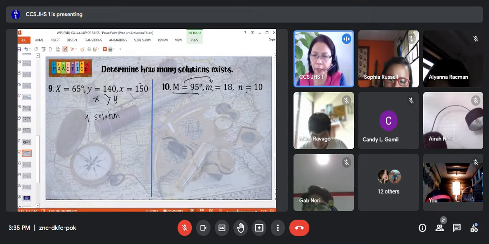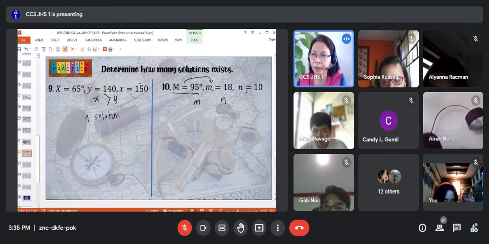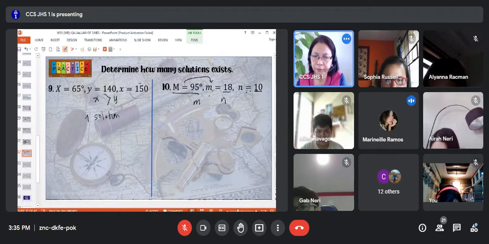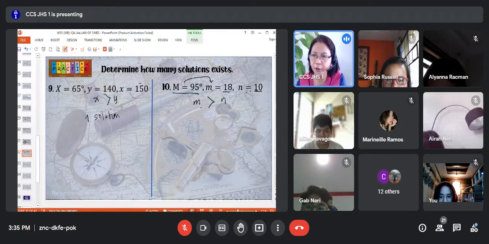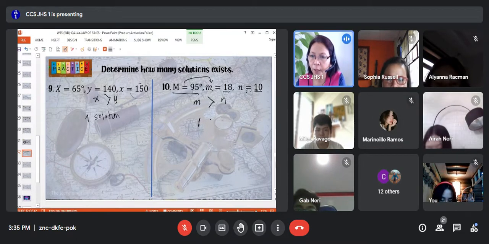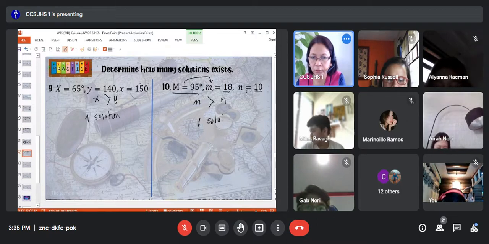So M compared to N or N compared to M? It is M compared to N. Greater than or lesser than? It's greater than. So the answer is one solution.